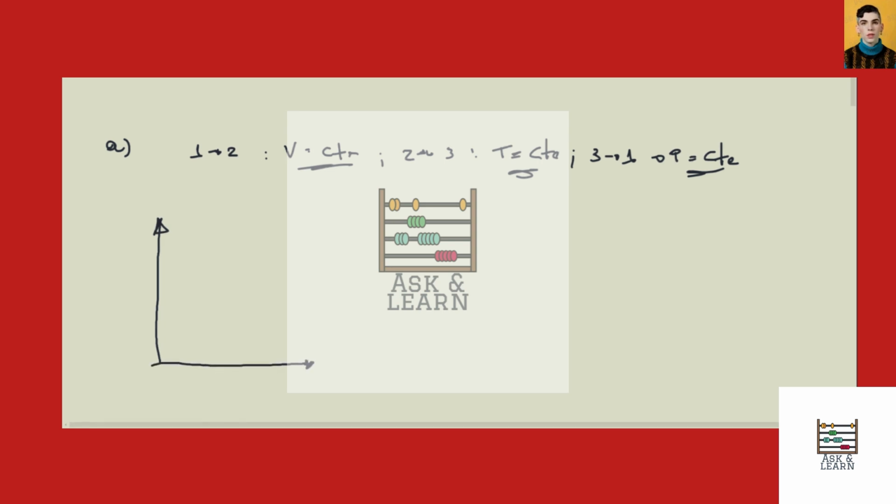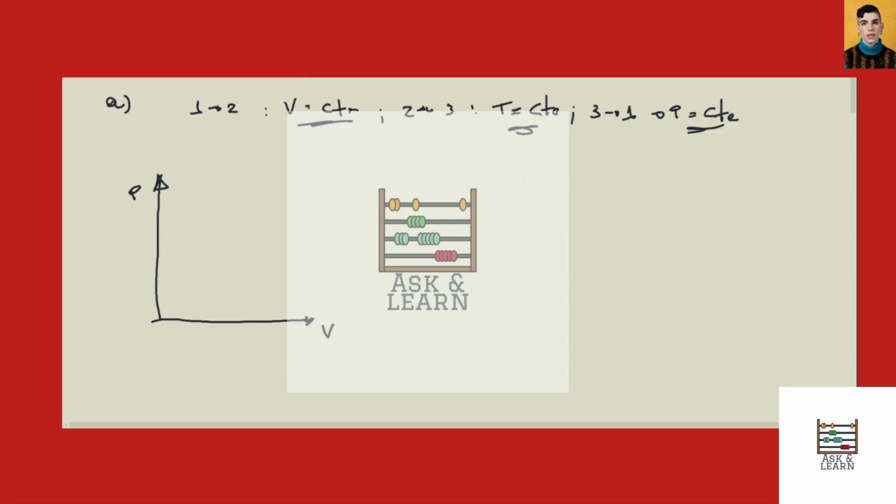Here is what is going to be the PV diagram. We have point 1, and from point 1 to point 2, we have V constant. Therefore, we go here, this is point 2, this is V constant.